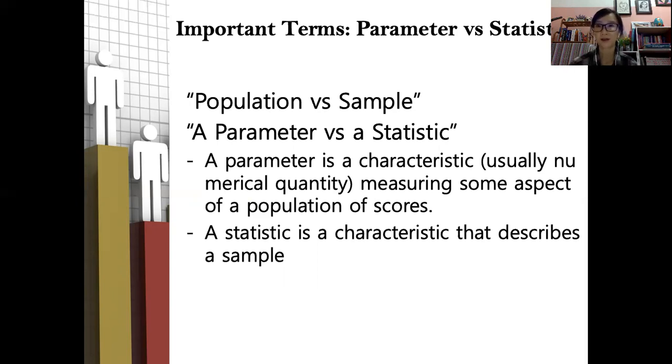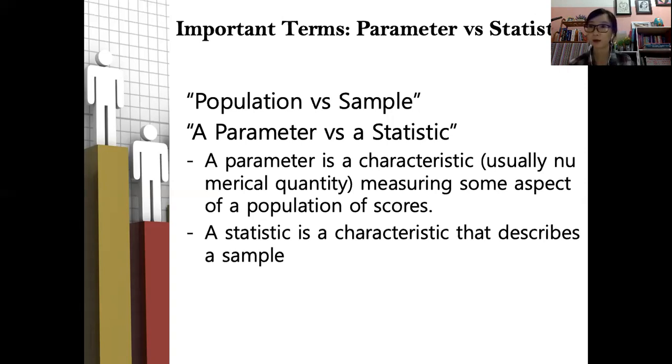We have first the term parameter, and then another term is statistics, yeah? But the term statistics here is different from the statistics that we have defined earlier in this video lesson, yeah?